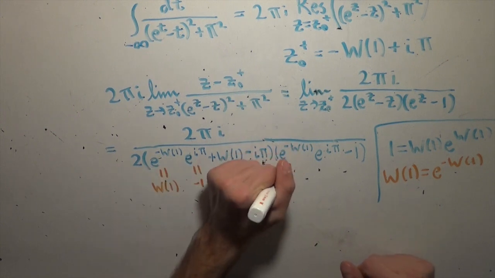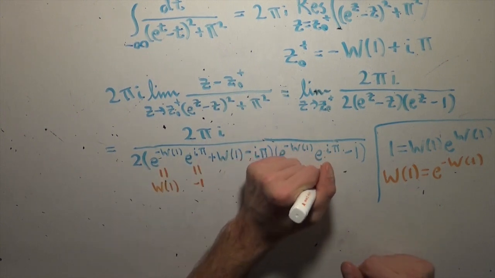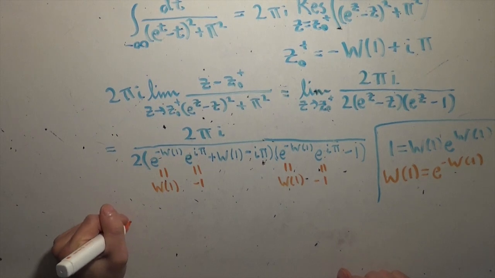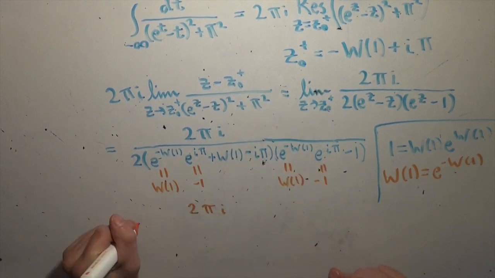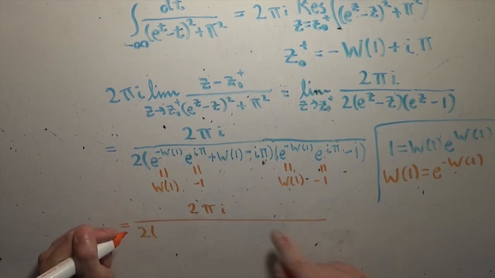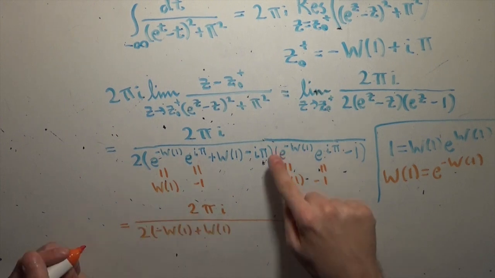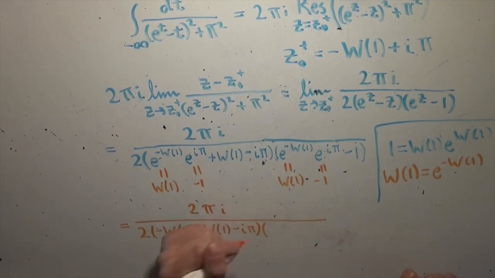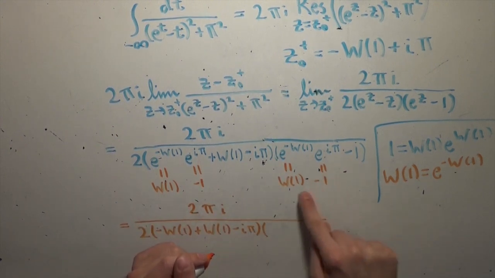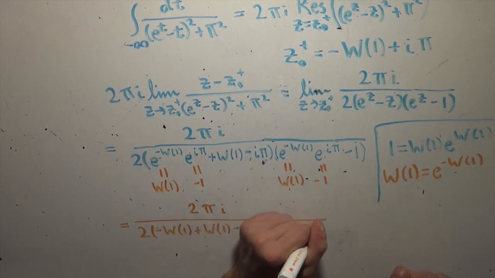And here we have it again, right? We have W of 1 and negative 1. Which means we're left with 2 pi i divided by 2 times negative W of 1 plus W of 1 minus i times pi times the quantity negative W of 1 minus 1.